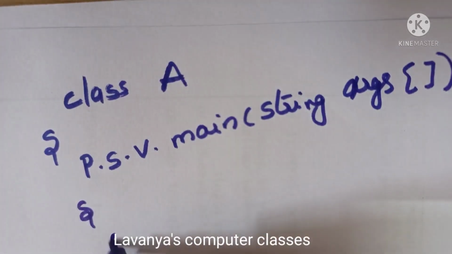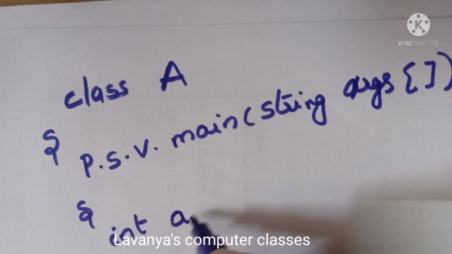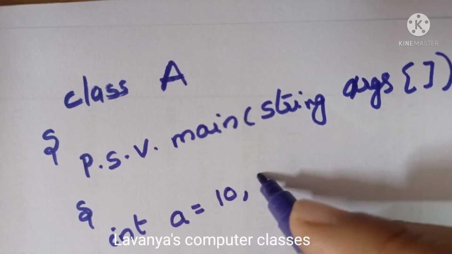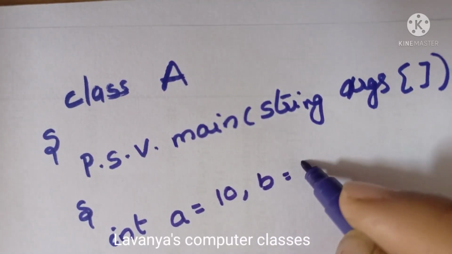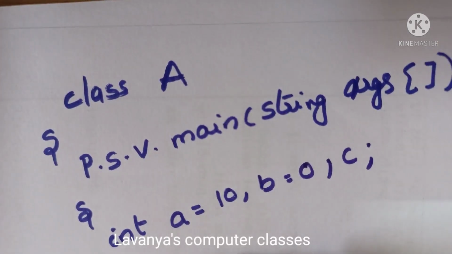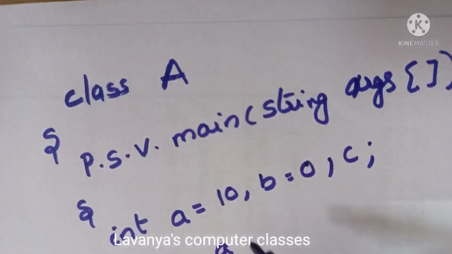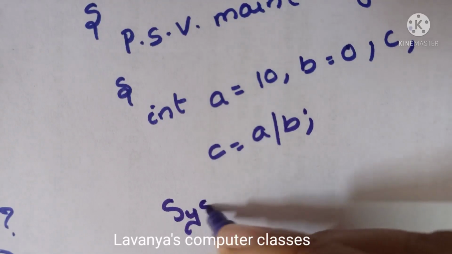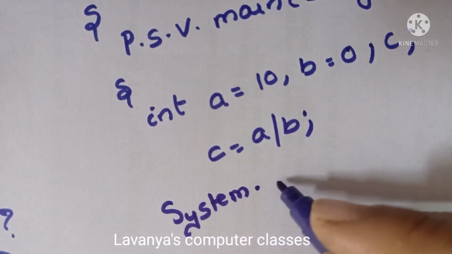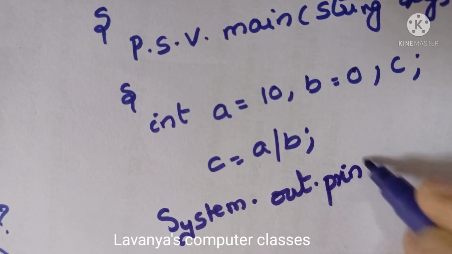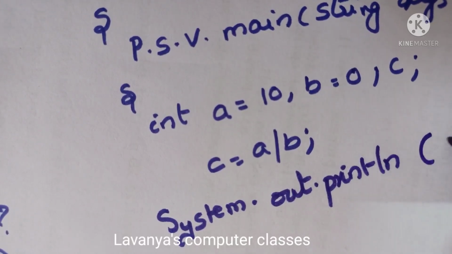Then we write int as the data type: a is equal to 10, b is equal to 0, and c. Now we calculate c is equal to a by b. Then System.out.println, the output statement, println c.